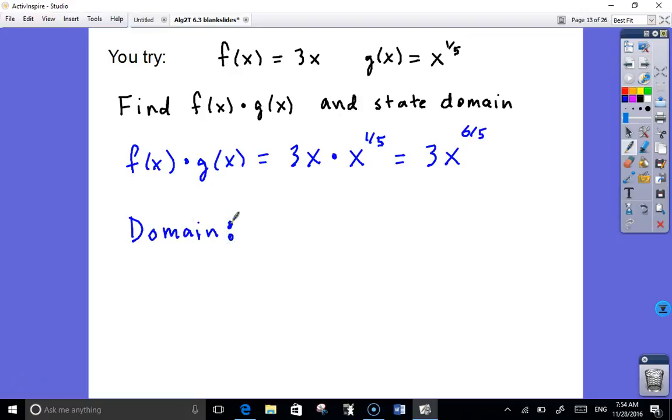So what is the domain of f of x? All real numbers. What's the domain of g of x? It's an odd root, right? That's all real numbers. So when you multiply them together, x to the 6/5 is still an odd root. It's a 5th root. So the domain is still all real numbers. All reals.